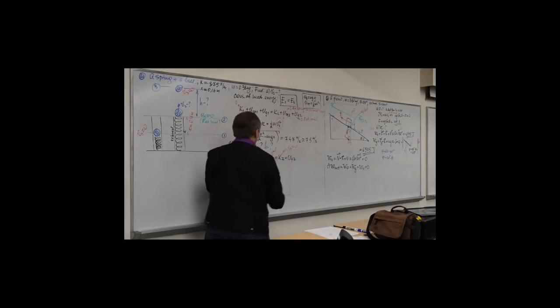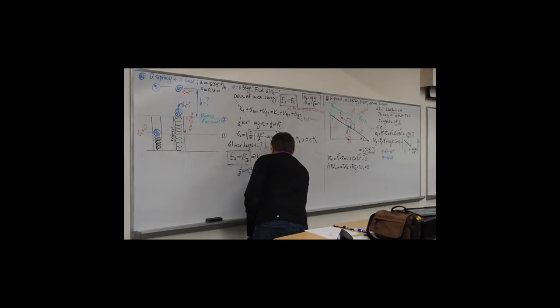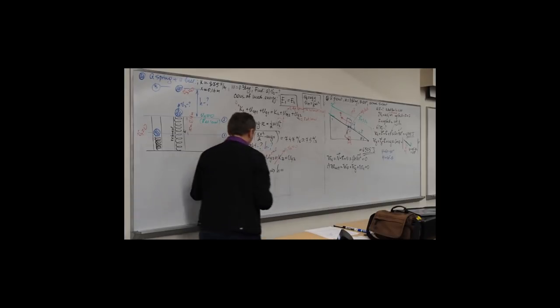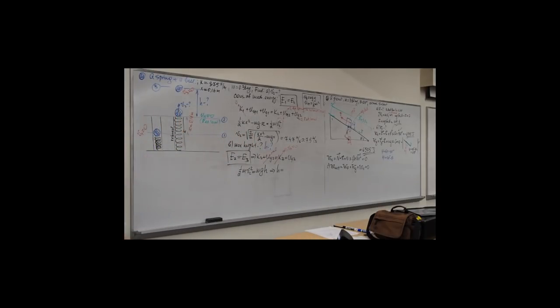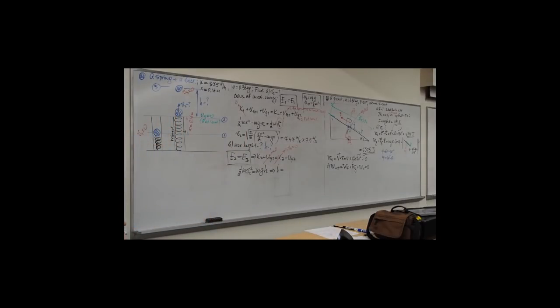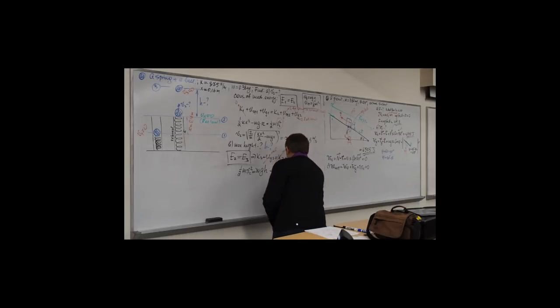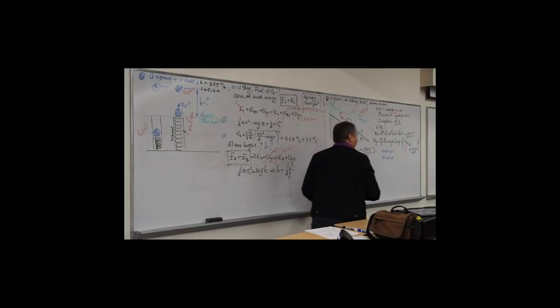V2 we found, so we can get h easily. The m can be cancelled, we can do our small mass destruction. So h will be equal to V2 squared over 2g.